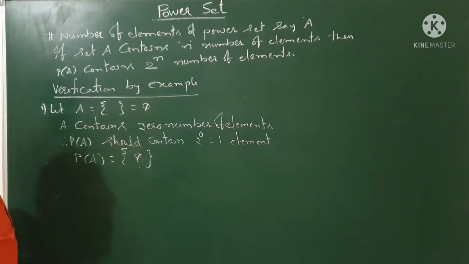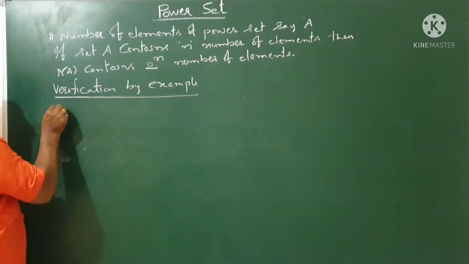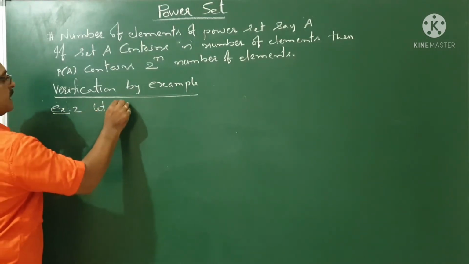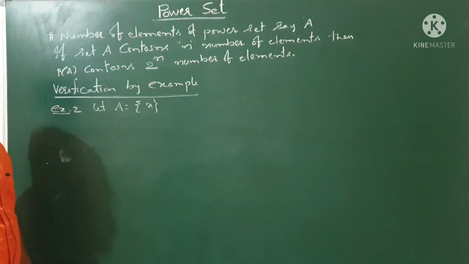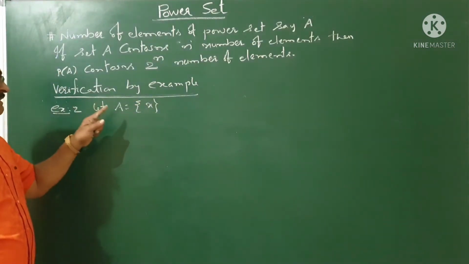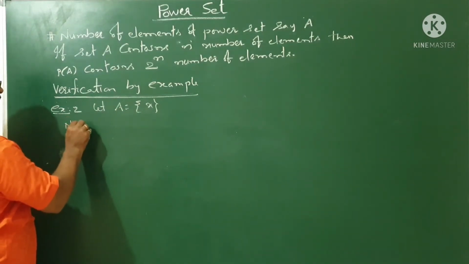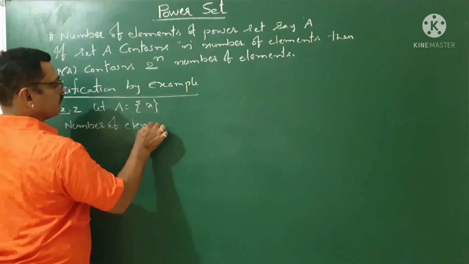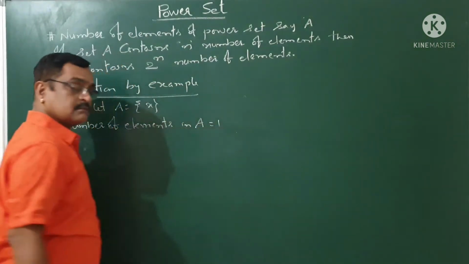Now, let me verify the results by using the next example. Example 2. Let A have only one element, say x. So here the number of elements in A is equal to 1.